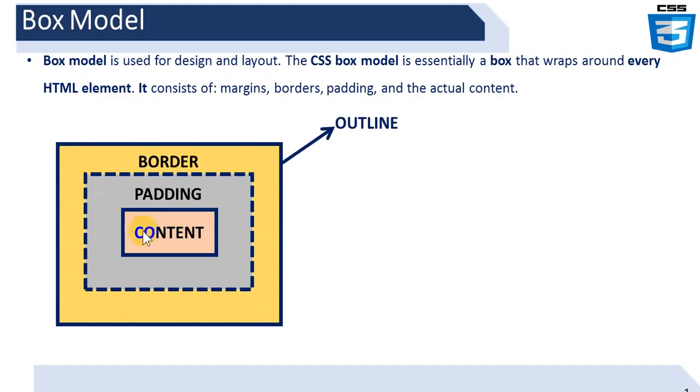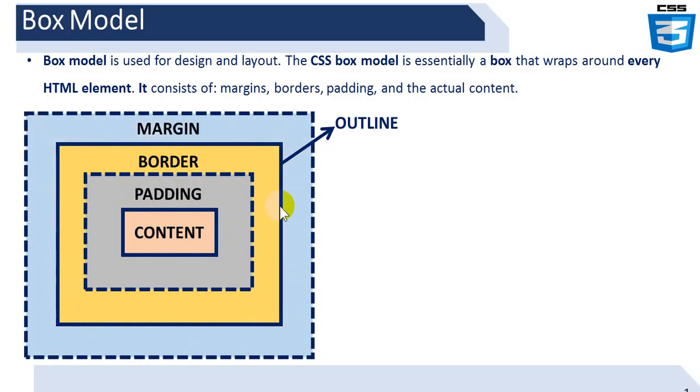See here, this is my content, and the dashed one is my border, and the space between the content and the border is known as padding. We have the outer edge; in an HTML element, the outer edge is the outline. Again, the space between two outlines is the margin.